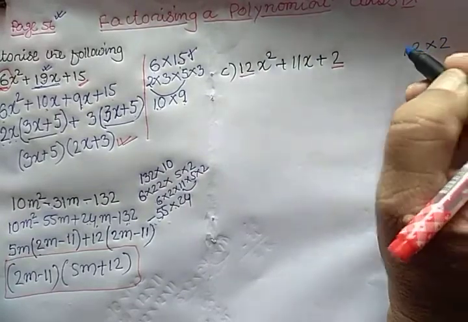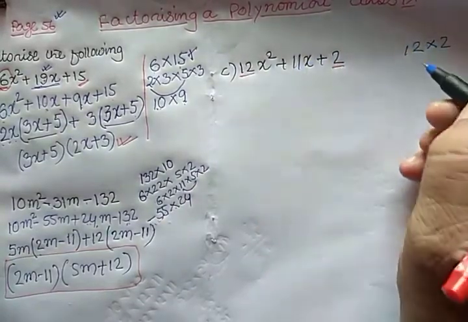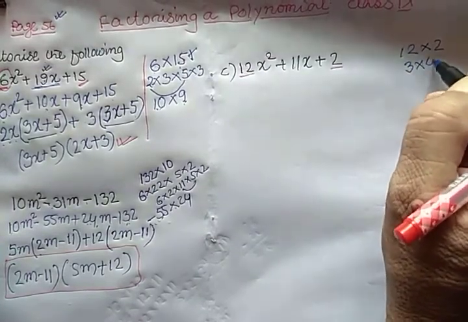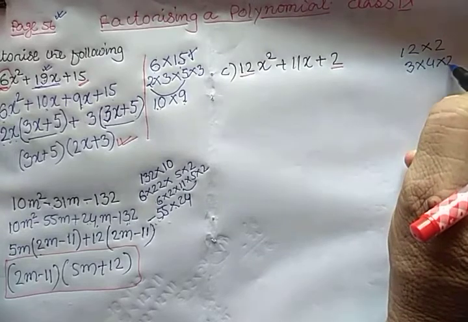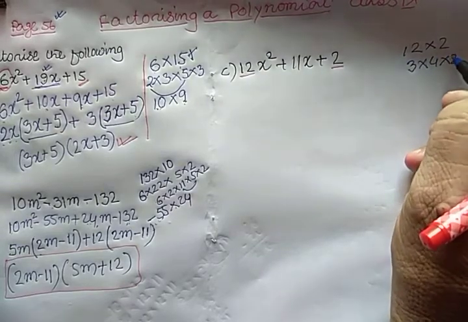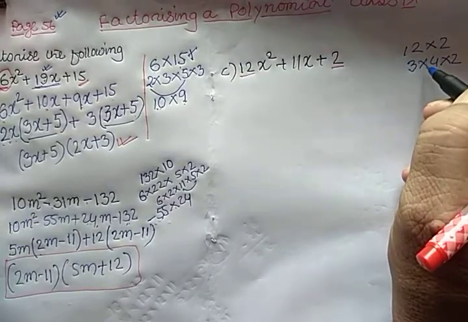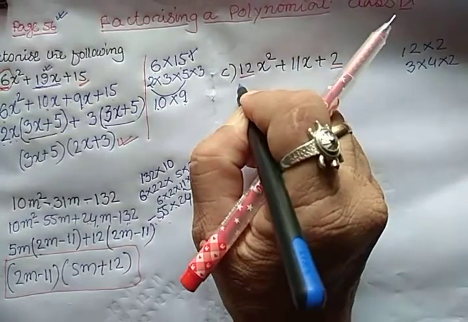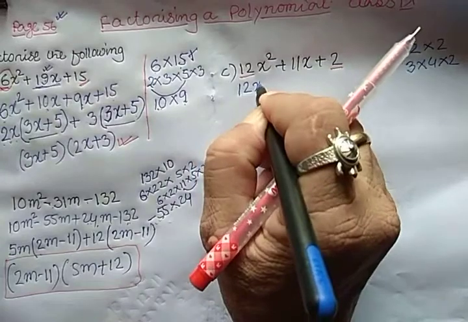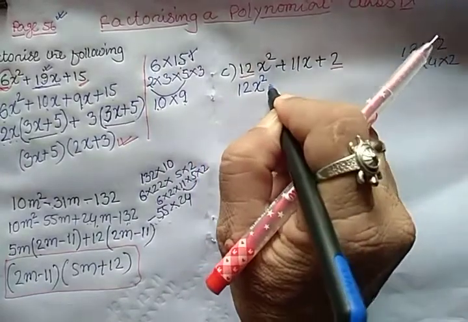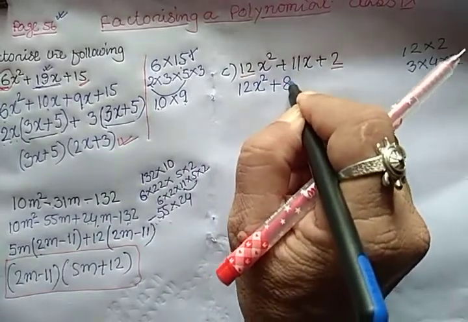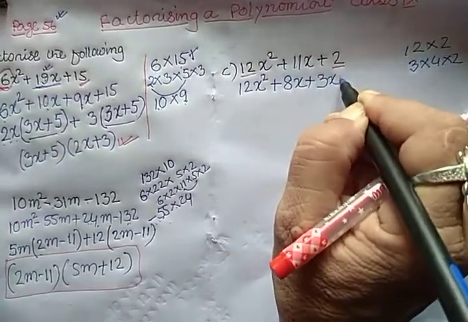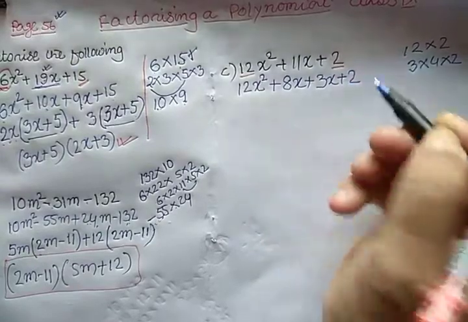And if you add, you should get 11. So like that you should break 24 into 8 and 3. So 8 plus 3 is 11. So we can break this 11x as 8x plus 3x, plus 2.